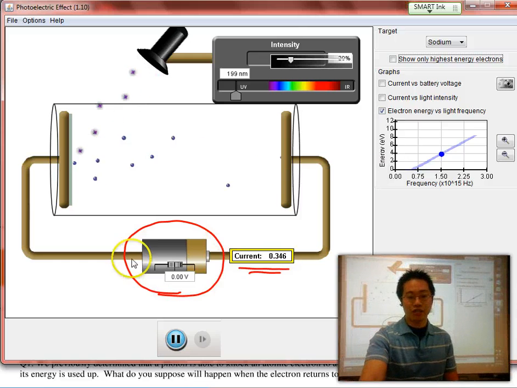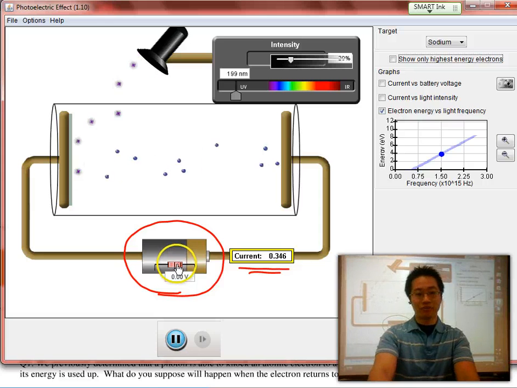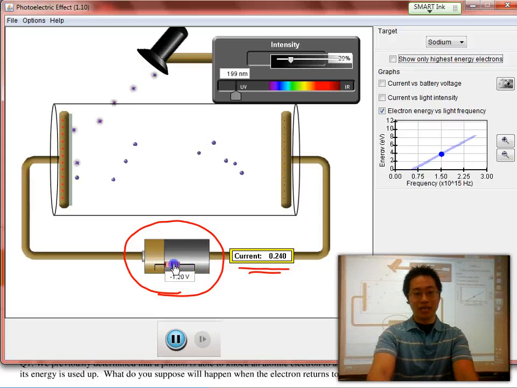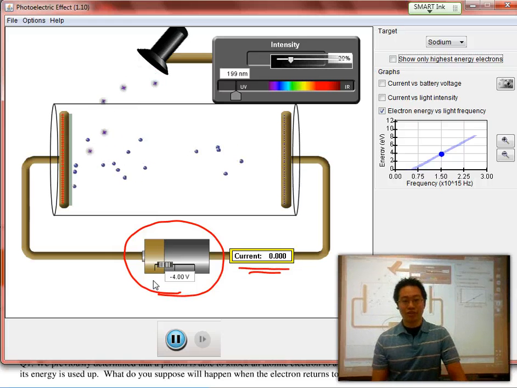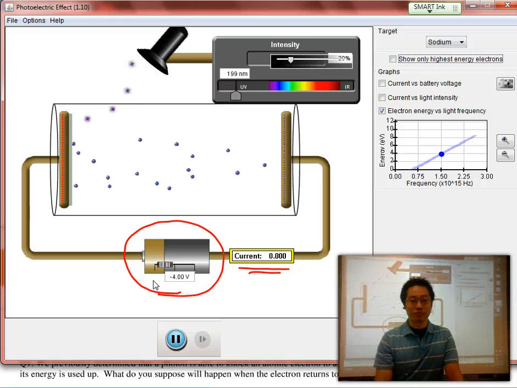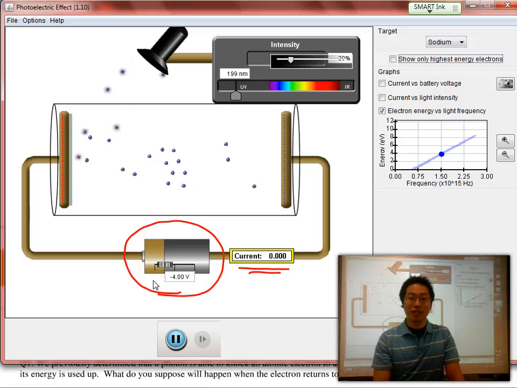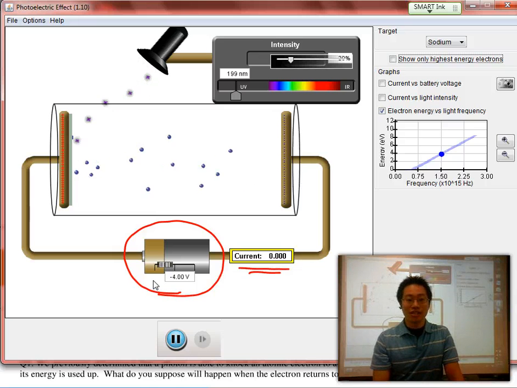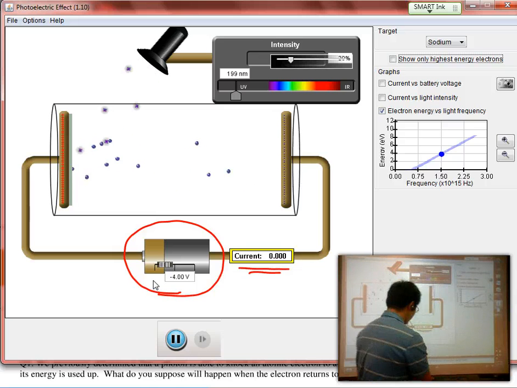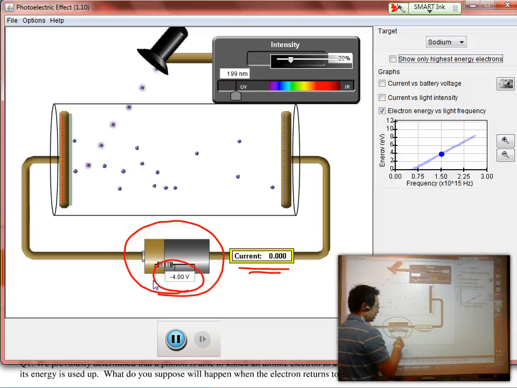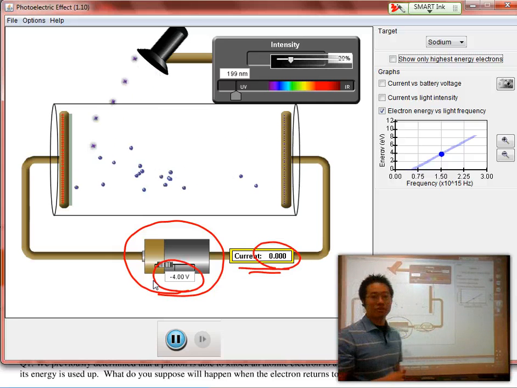Now, if we were to actually flip that battery around and increase the strength of the charges, meaning that we're increasing the strength of the plates themselves, you can see that once I reach a certain point, the current became zero.